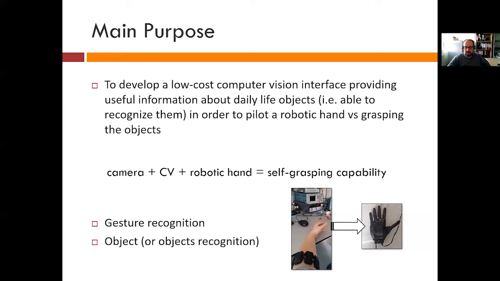We put this image here because typically what we do in the lab is take a robotic hand and interface it with EMG, electromyography, and we activate and move the hand using the muscle contraction of, for example, the forearm. But here we want to do something a little bit different, and rely on vision and not on muscle contraction anymore.